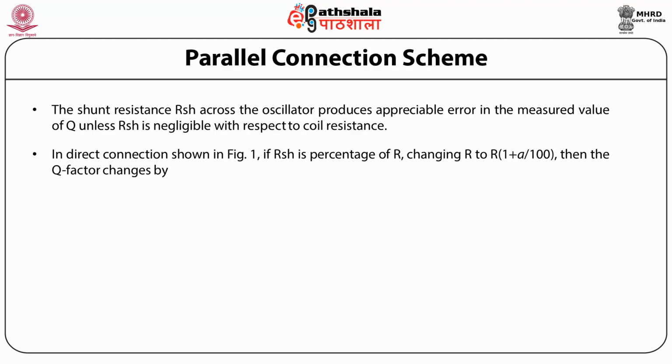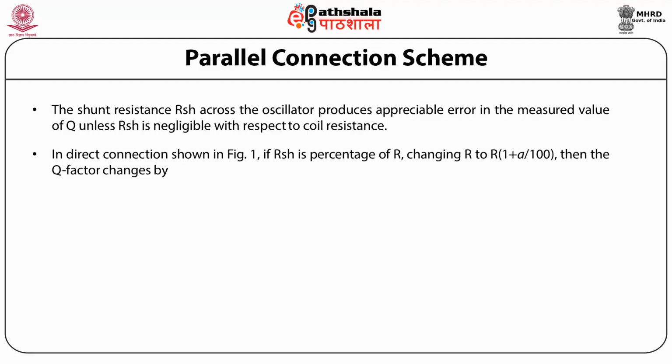In direct connection shown in the figure, if RSH is A percentage of R, changing R to R multiplied by 1 plus A by 100, then the Q factor changes by delta Q, which is equal to Q actual minus Q indicated.